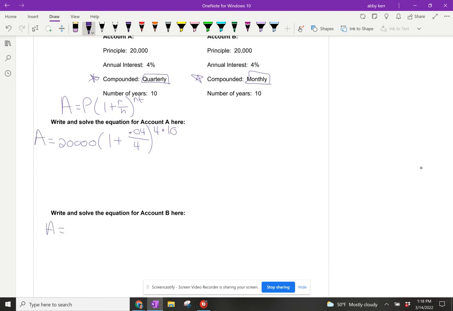And then the only difference here is instead of quarterly, we're doing monthly, and monthly means 12. So here our n is 12, and here our n is 4.